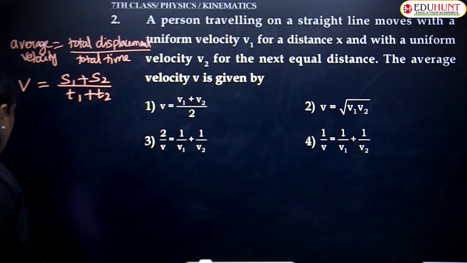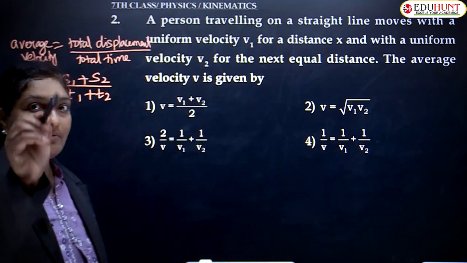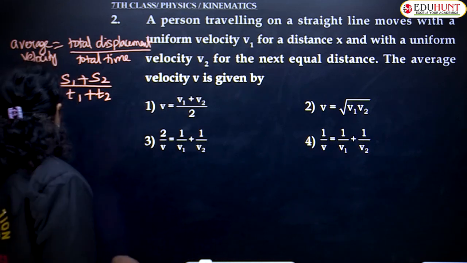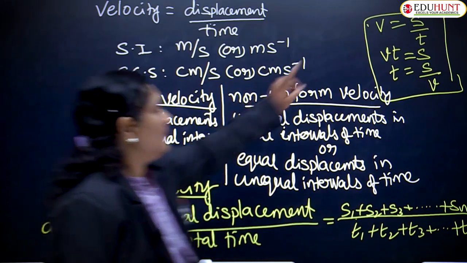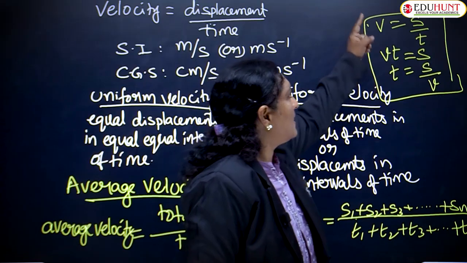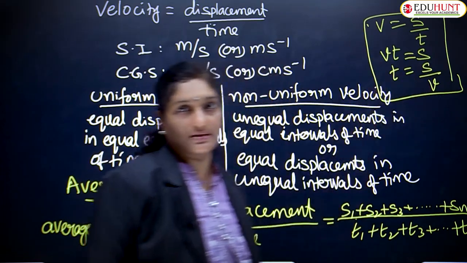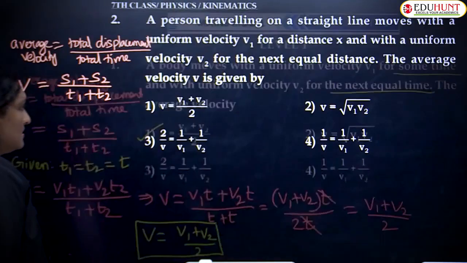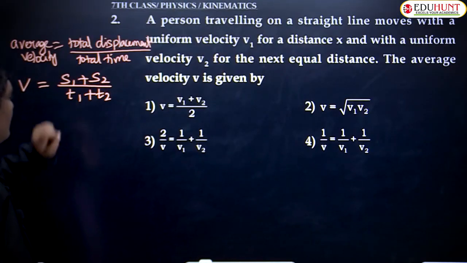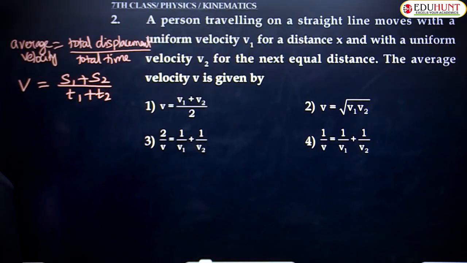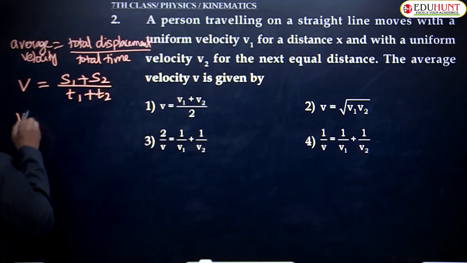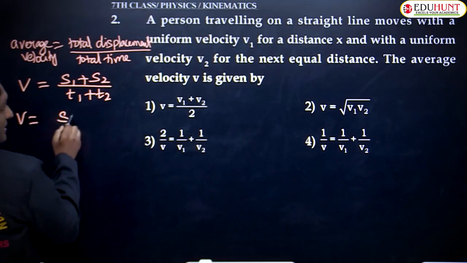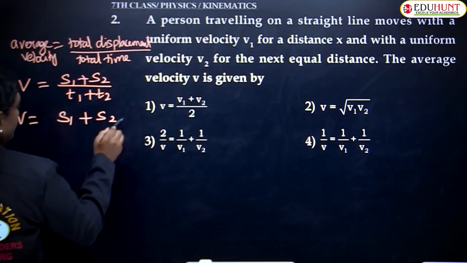So earlier we know that velocity equals displacement by time. So time can be written as displacement by velocity. So instead of time, I can replace it with displacement by velocity. V equals displacements, they have given s1 and s2.